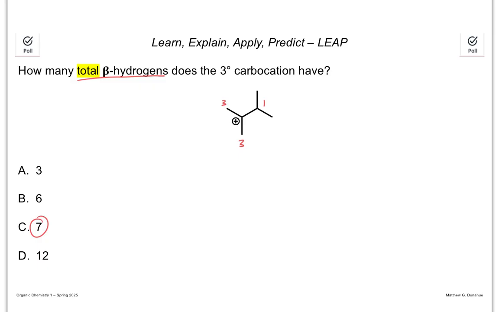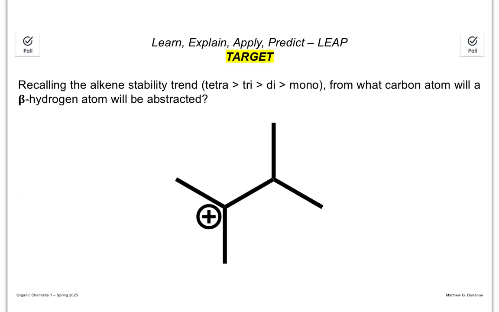So 3, 3, and 1. So moving to the right, if we eliminate that tertiary hydrogen, that gets us the tetrasubstituted product.